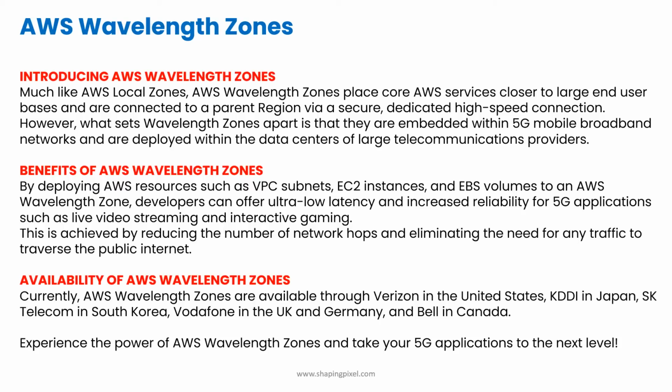This is achieved by reducing the number of network hops and eliminating the need for any traffic to traverse the public internet. Currently, AWS Wavelength Zones are available through Verizon in the United States, KDDI in Japan, SK Telecom in South Korea, Vodafone in the UK and Germany, and Bell in Canada. So experience the power of AWS Wavelength Zones and take your 5G applications to the next level.